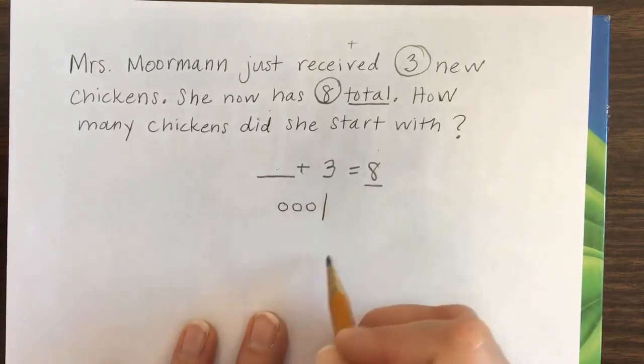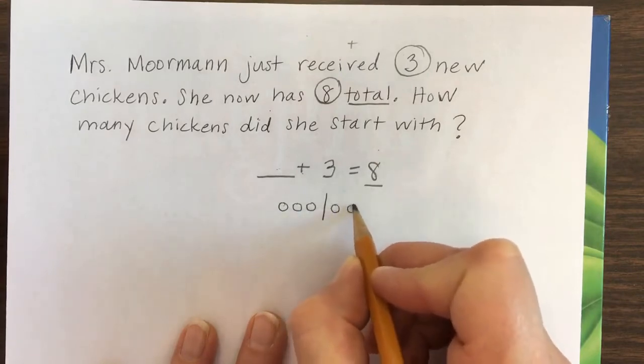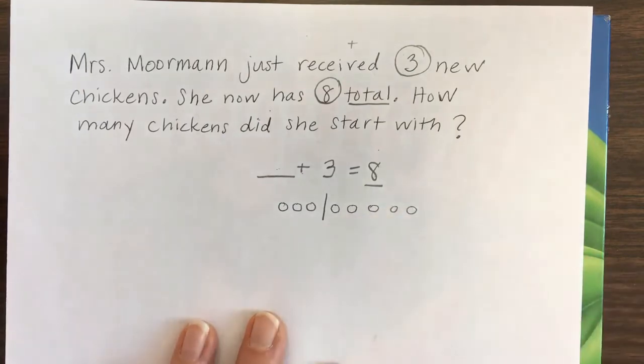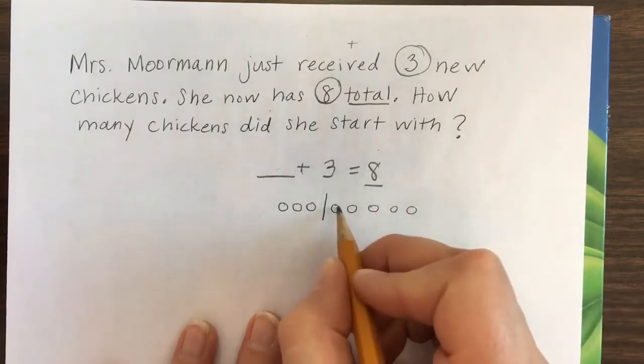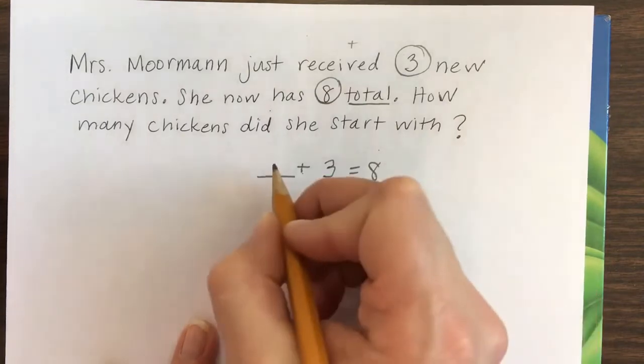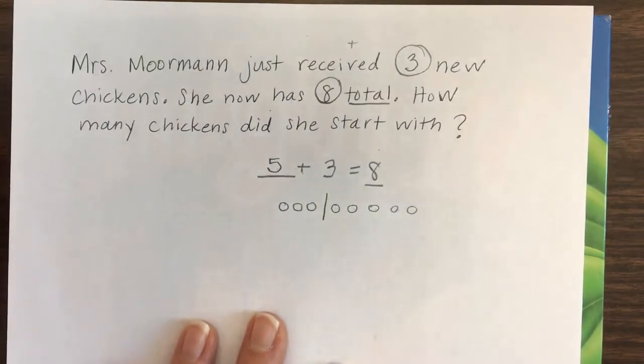So how many more do I need? So let's count on 3, 4, 5, 6, 7, 8. So 1, 2, 3, 4, 5 is my missing number. 5 plus 3 equals 8.